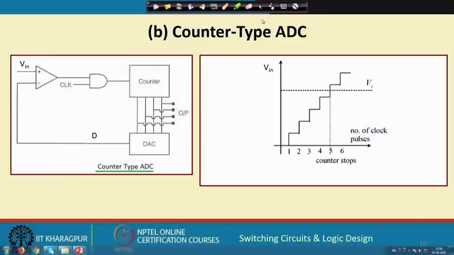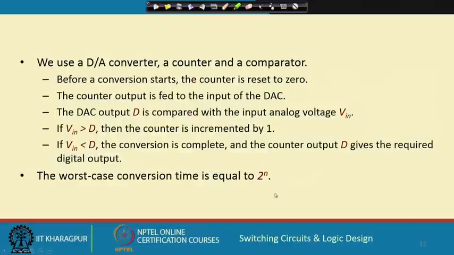For a 16-bit converter, 2 to the power n can be about 65,000. So, 65,000 cycles may be required to complete the conversion.